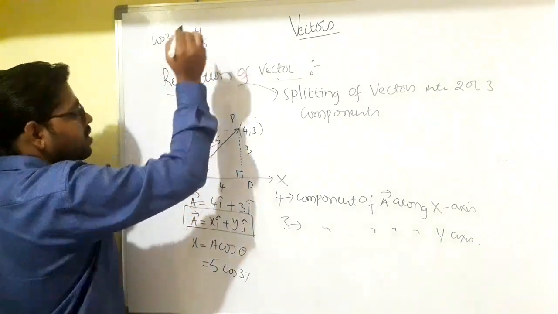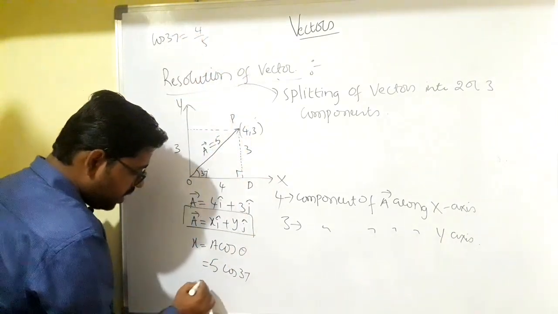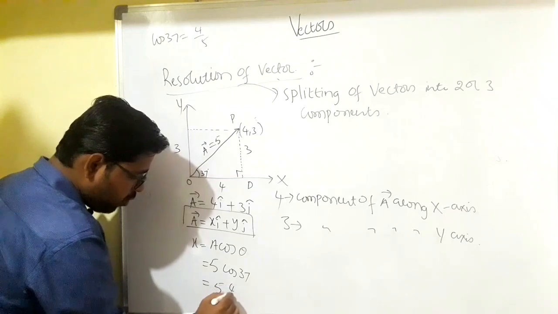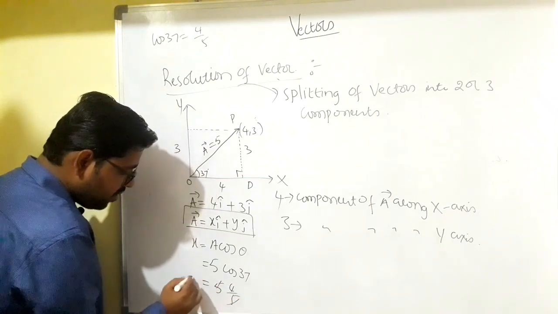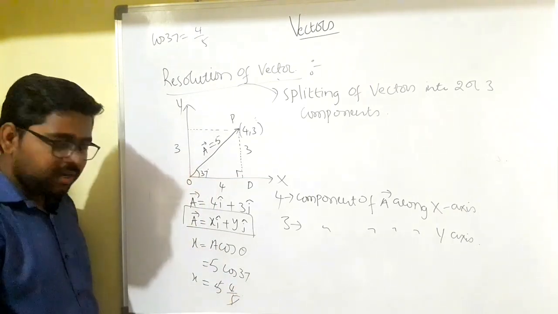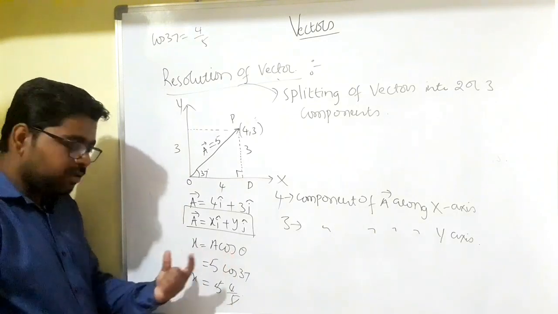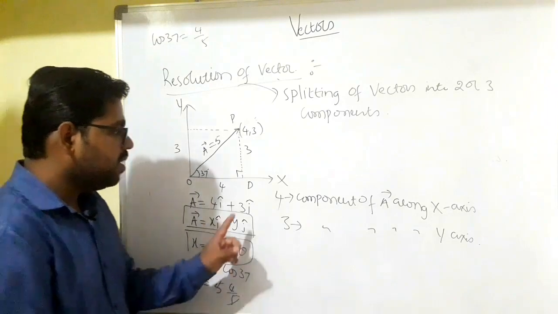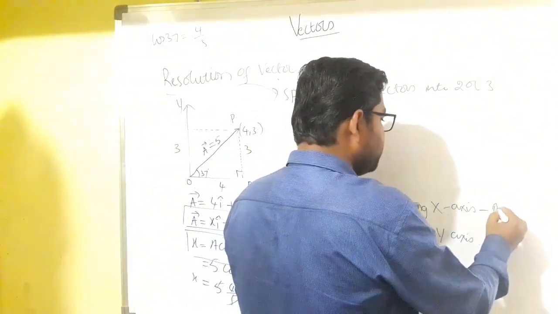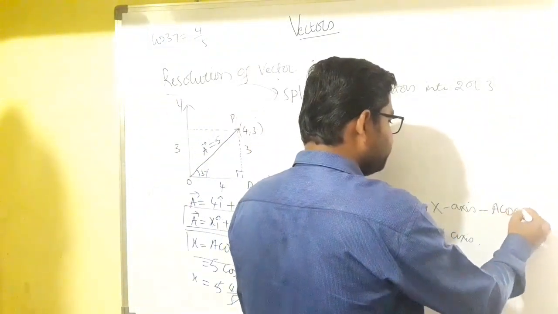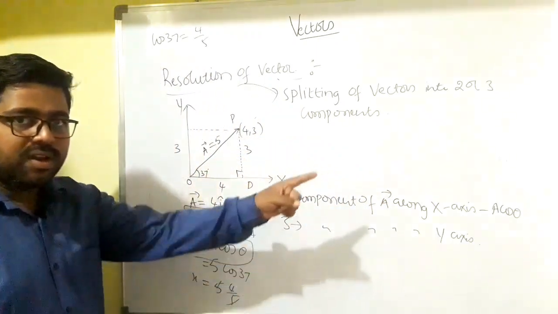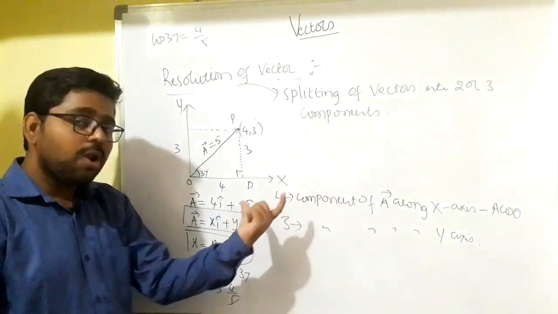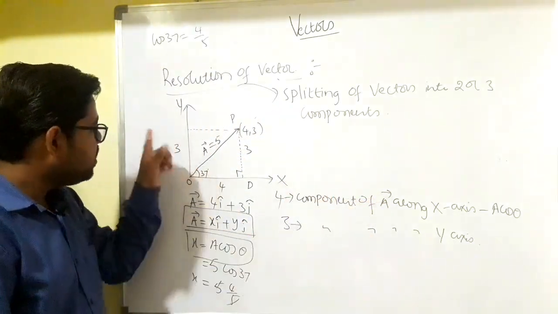So x is equal to 5 into 4 by 5. The 5 cancels, giving x equal to 4. Right? So x has to be equal to a cos theta. So for component 4 we wrote a cos theta. This is the component. This is how we split. This is the split part along the x-axis. And similarly 3.